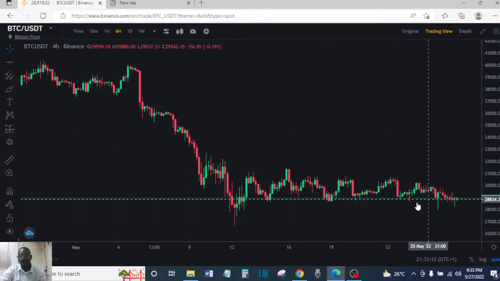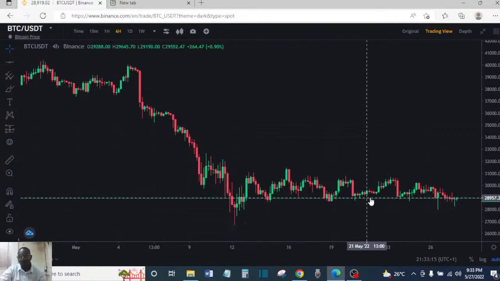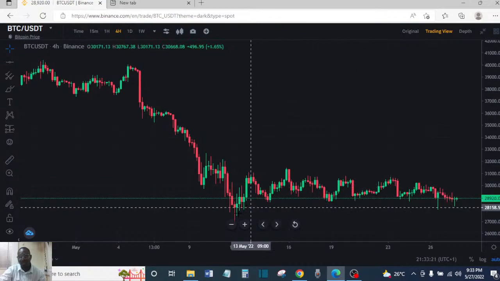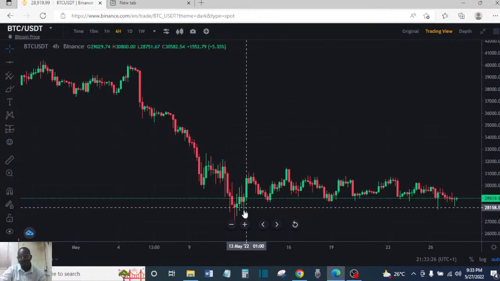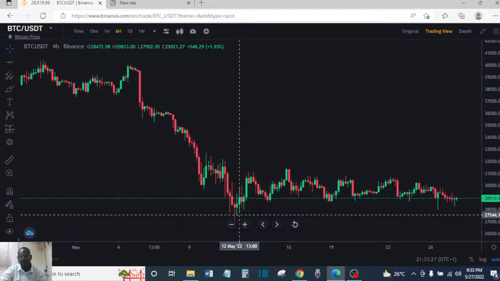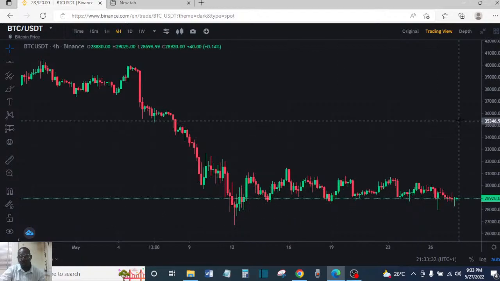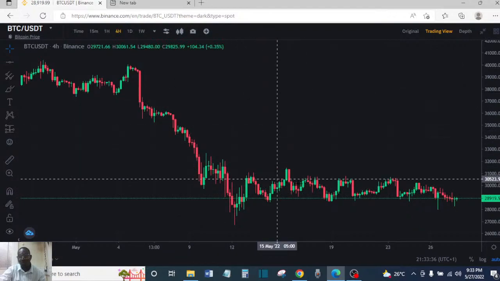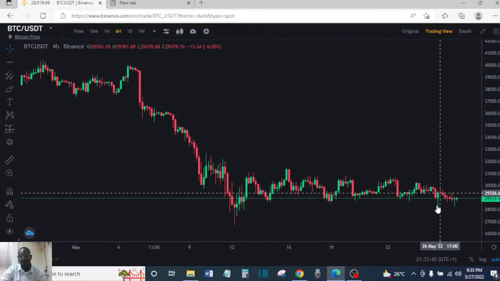But for what we have here, you can see that we have a very good clearance here, except for these stops that are here. If these stops were taken out, you will be more confident in taking a buy order. But right now, for big investors, they are already buying Bitcoin.